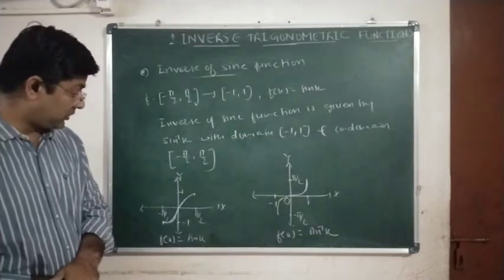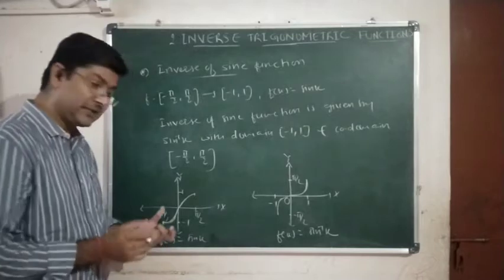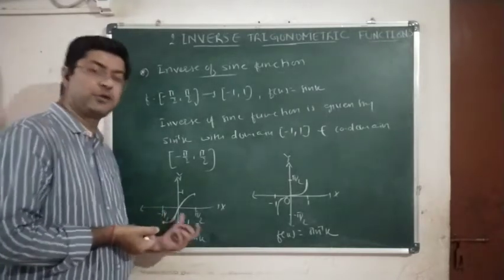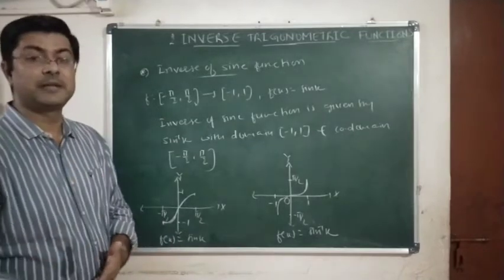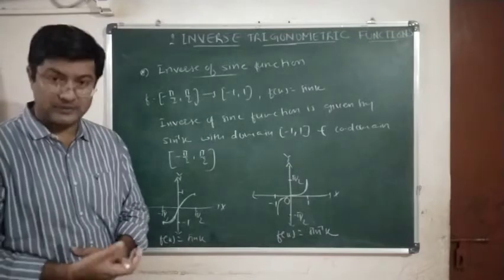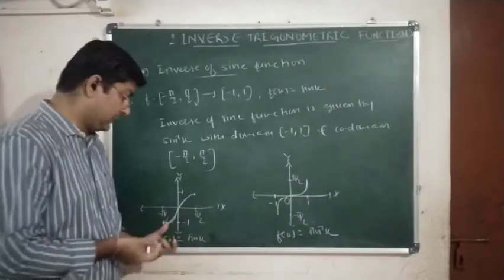Clear? So the domain, as I told previously, can be restricted to any one interval. Either you take it to be minus pi by 2 to pi by 2, or you can take pi by 2 to 3 pi by 2, 3 pi by 2 to 5 pi by 2, etc. We can consider these domains.